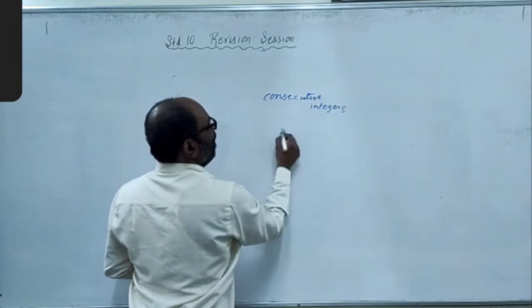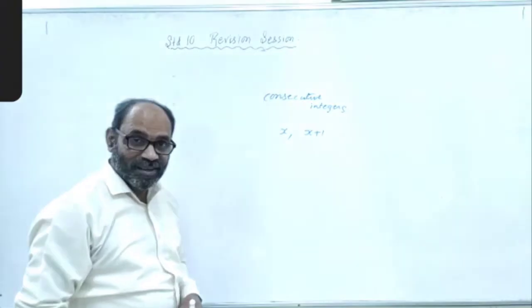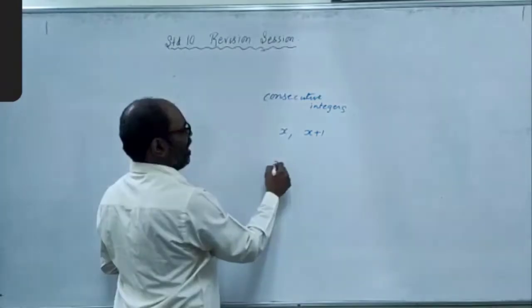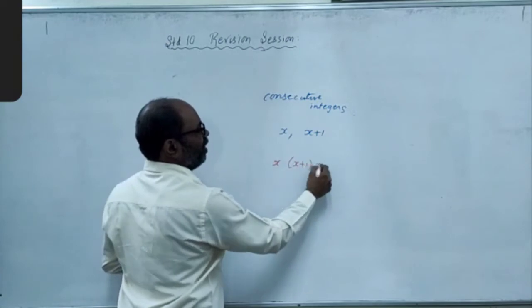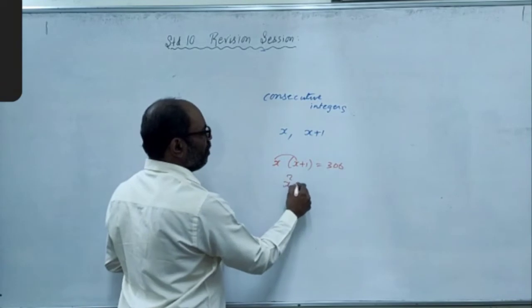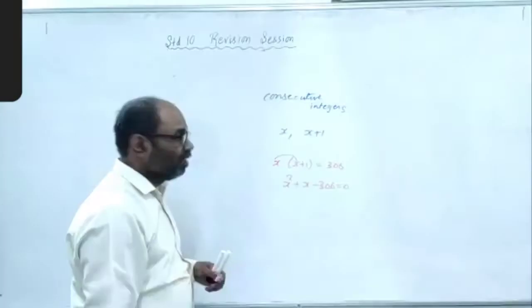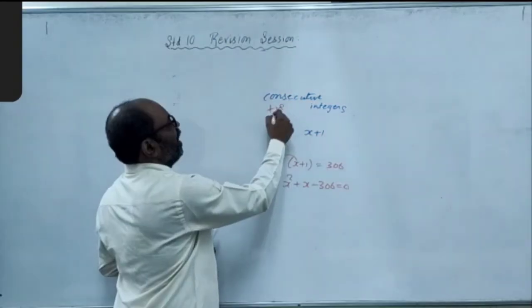The first is x, so the next is x plus 1. All right. The product x into x plus 1 is 306. x square plus x minus 306 is equal to 0. These are positive integers, children.